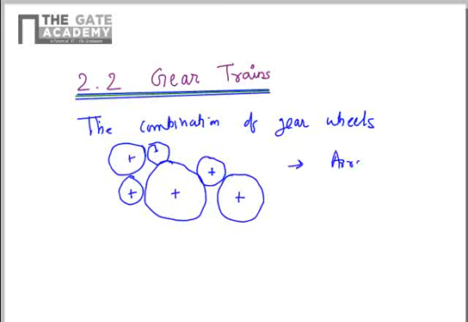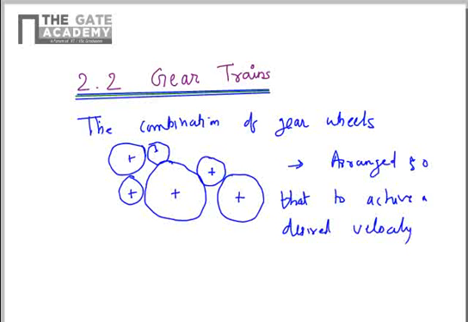They are arranged in such a fashion as to achieve a desired velocity ratio from input to output and a desired placement of shafts.